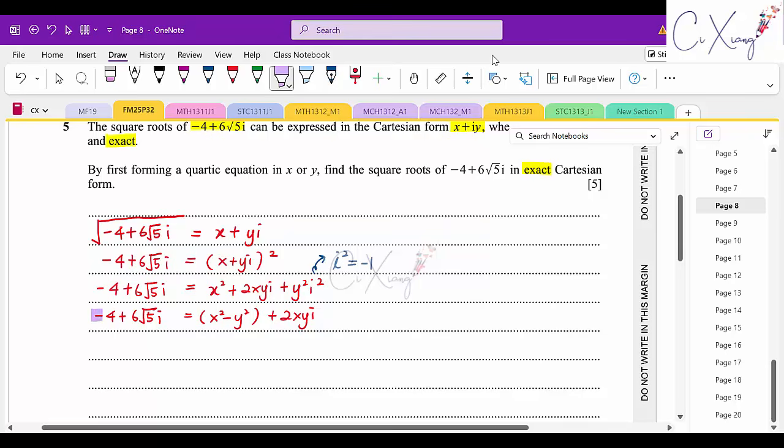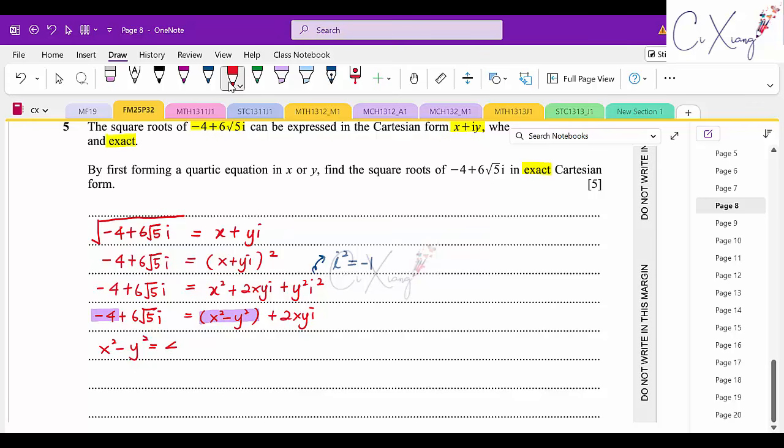So what's the meaning of it? You can see that this is my real number, right? In a complex number, this is the real part. I compare this real part with the real part on the right, which is x squared minus y squared. So from here I form the first equation, where I have x squared minus y squared equals negative 4. So this is my first equation here.